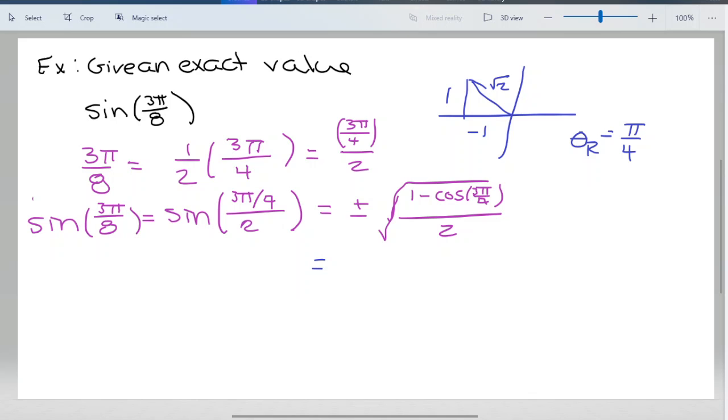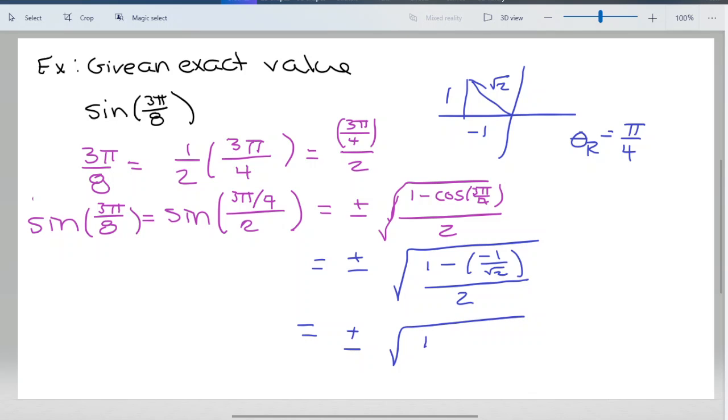So when I look at the value of cosine here, cosine is my adjacent side, which is -1, over my hypotenuse, which is root 2. So this is going to give me the square root of 1 plus 1 over root 2, over 2.